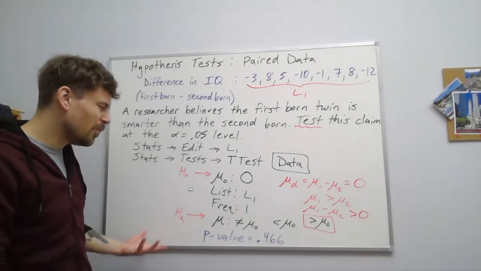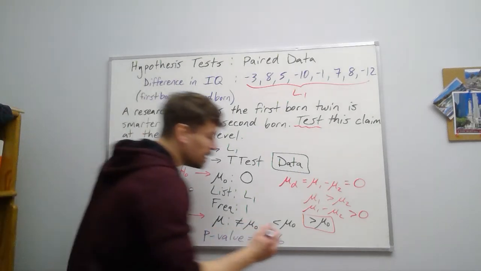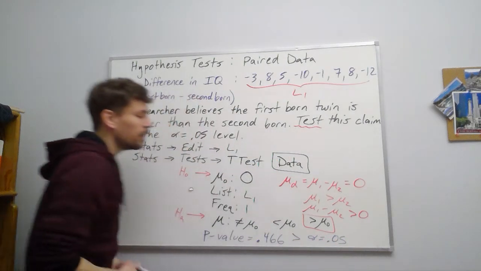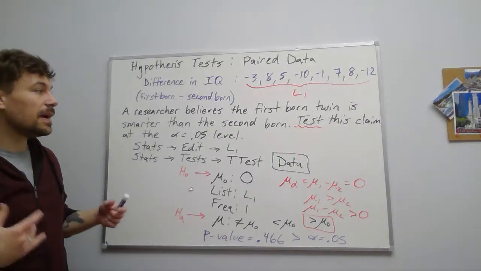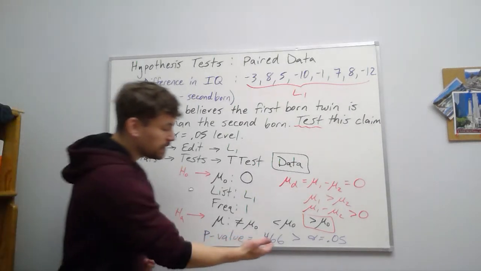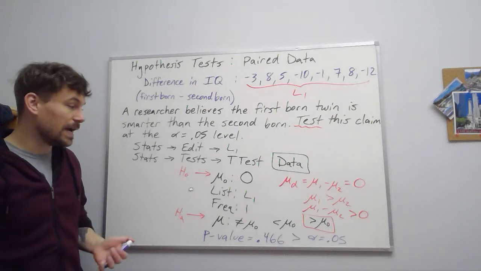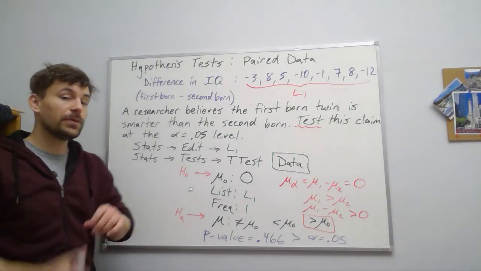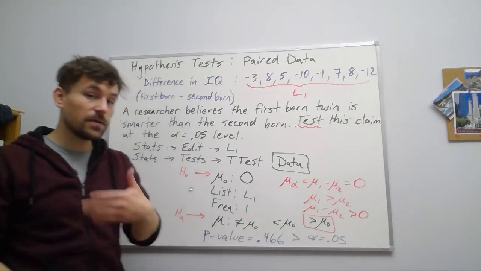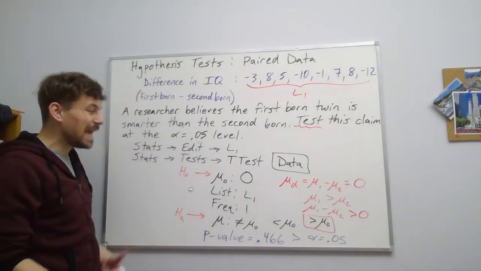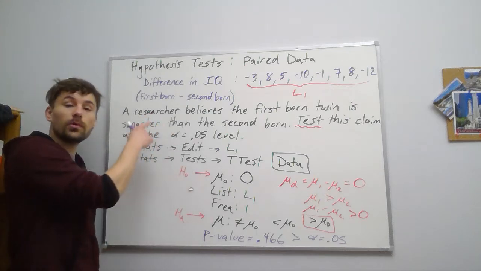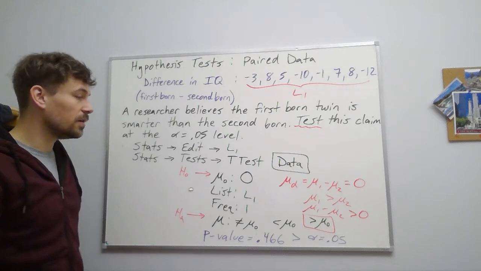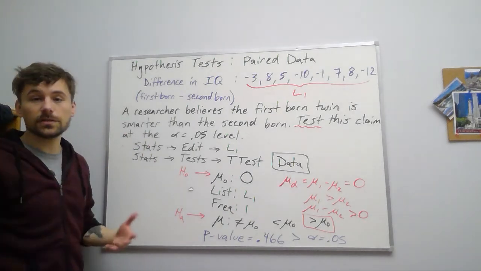This is definitely way larger than our alpha of 0.05. So we have no reason to believe that the null is incorrect. We're going to fail to reject the null. Again, we don't embrace the null, we just fail to reject it. We have not built up enough evidence to support the researcher. So we fail to reject the null. We have no evidence to believe the researcher is correct.